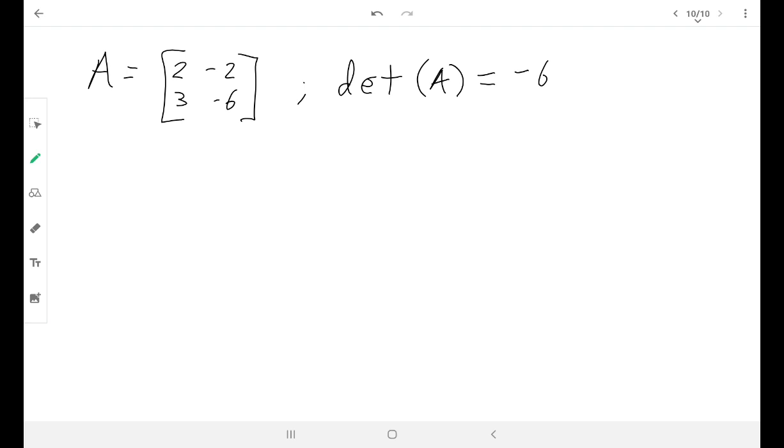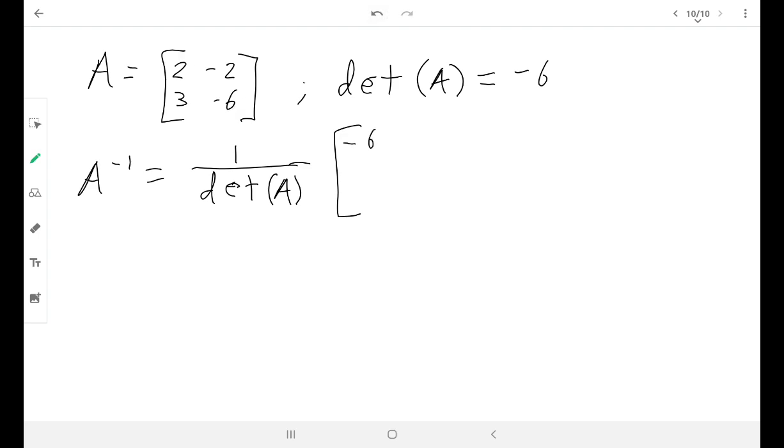So I know that the inverse exists, so now I can work on finding it. Let me write down our matrix one more time: 2, -2, 3, -6, and I'm going to make a note here that the determinant of A equals -6 because I'm going to need that. And then A inverse is equal to 1 over the determinant of A multiplied by a new matrix, this modified A matrix, where I'm going to switch those two.